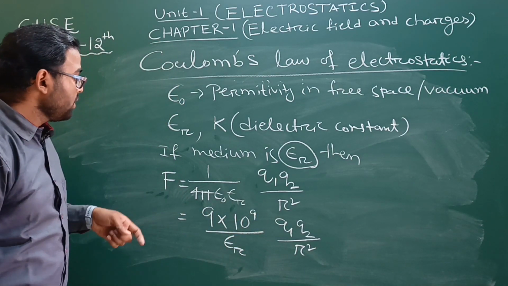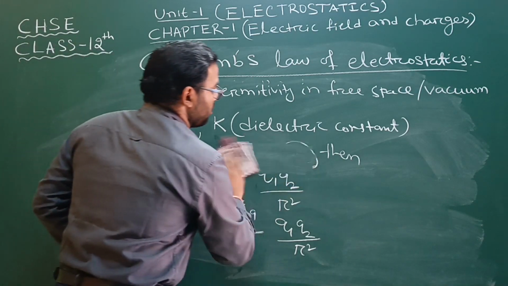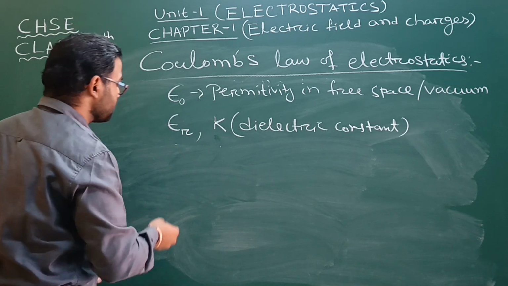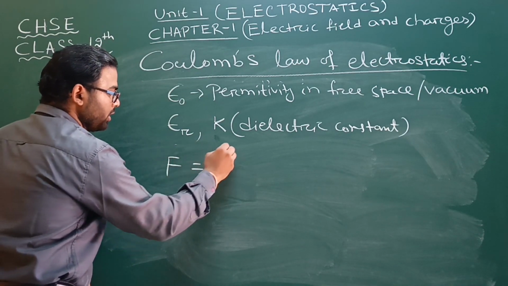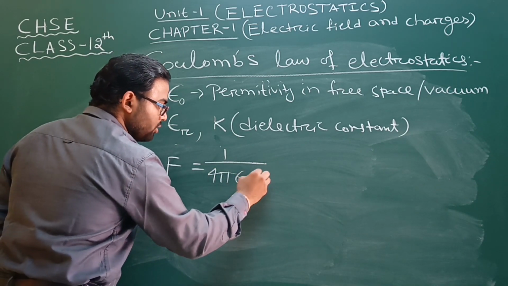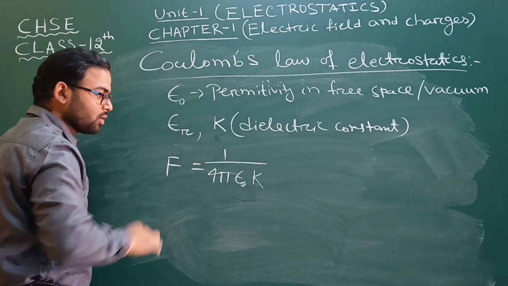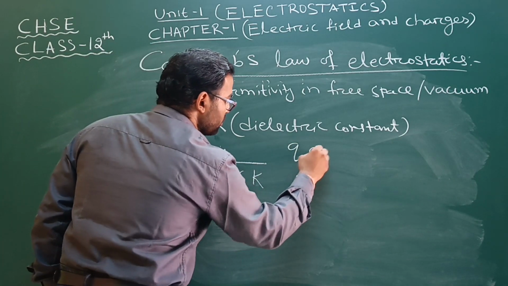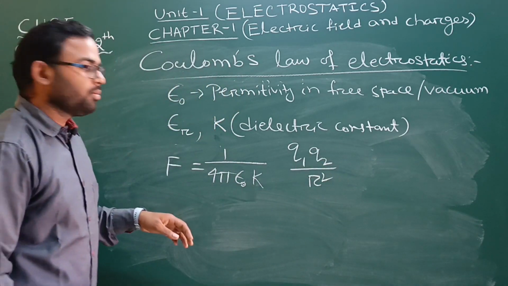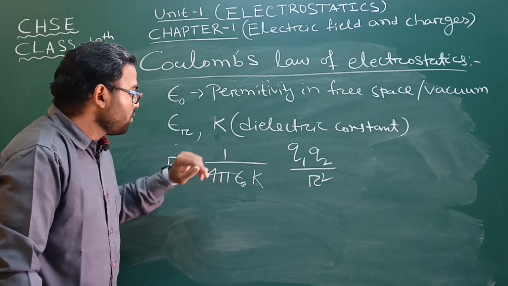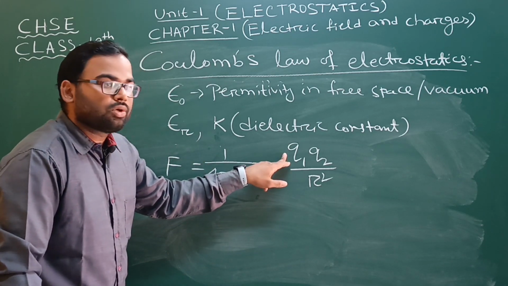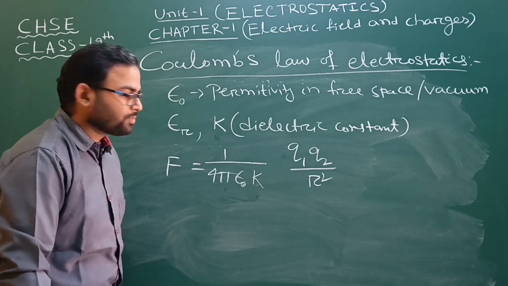If the medium has a dielectric constant k, then the force will be 1 by 4 pi epsilon naught into k, whole into q1 q2 by r square.